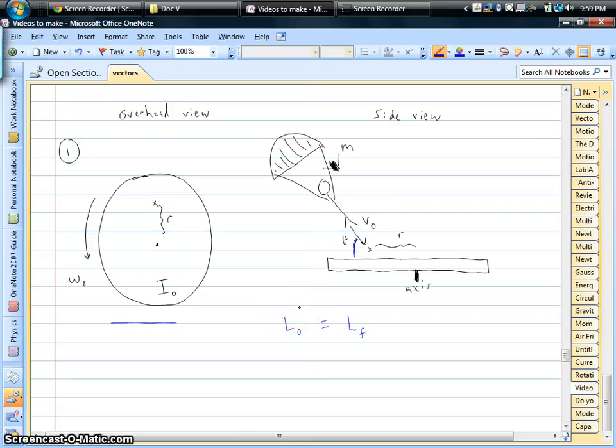Initially, you definitely have a spinning disk. So the inertia times that original angular velocity is the angular momentum of the disk itself. Okay, and now here comes the skydiver. What we're basically saying is that the skydiver's coming in at some angle.